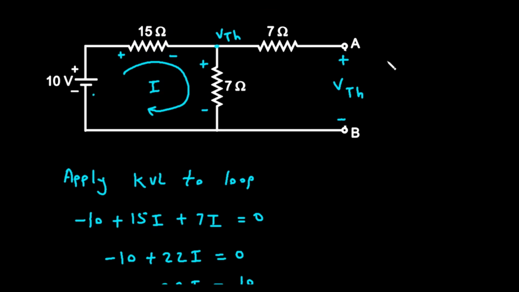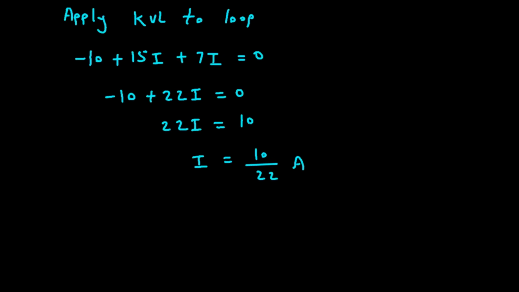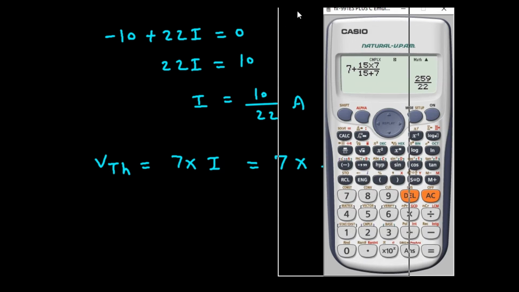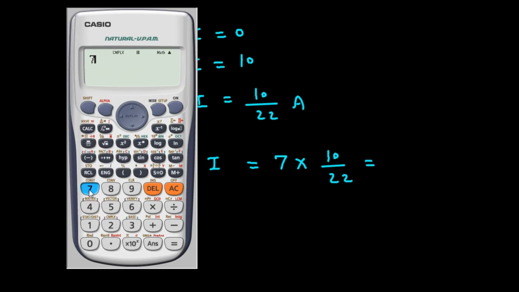Now we have to find the voltage across this 7 ohm. So it will be simply 7 multiplied with current I. So VTH is equal to 7 into I, which is 7 multiplied with 10 divided by 22.